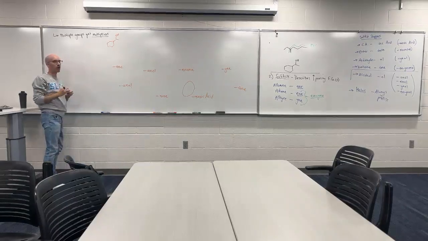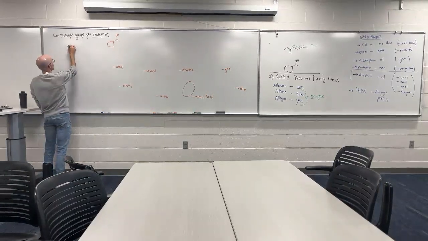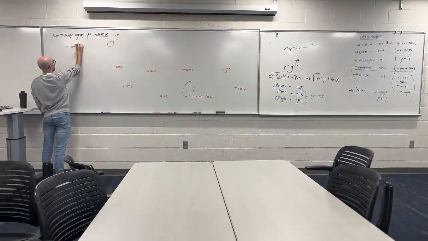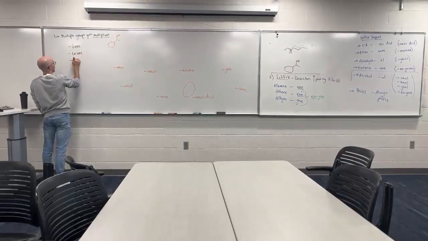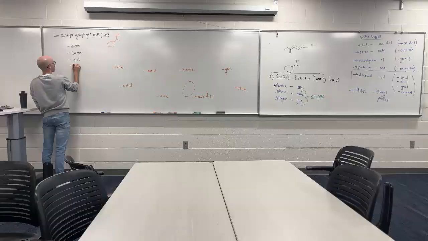And that's where you get multipliers. So you can have something like diene, triene, diol, triol.